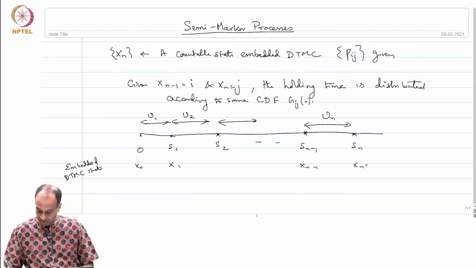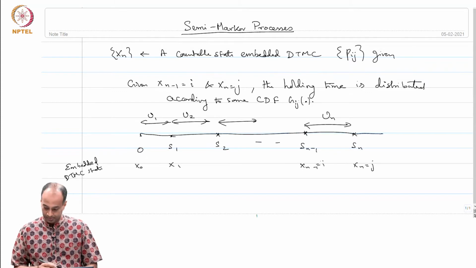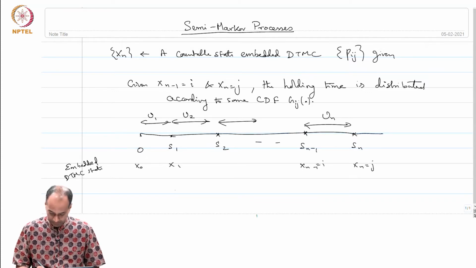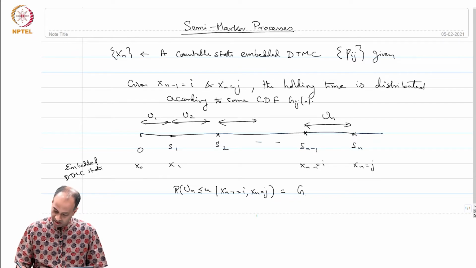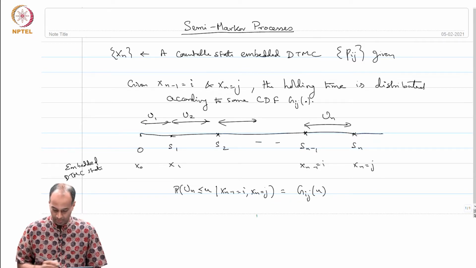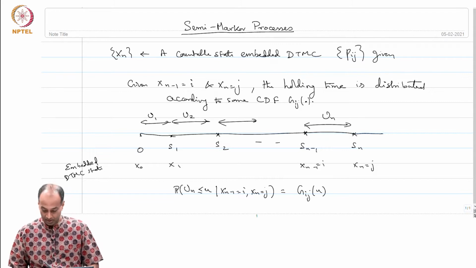So you can say that if Xn minus 1 is in state i and Xn equals state j, then the probability of Un less than or equal to u, given Xn minus 1 equals i, Xn equals j, is just some Gij of u. Okay, this is some CDF.